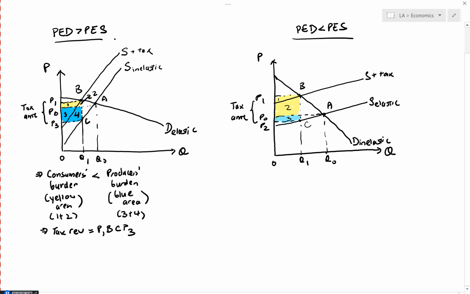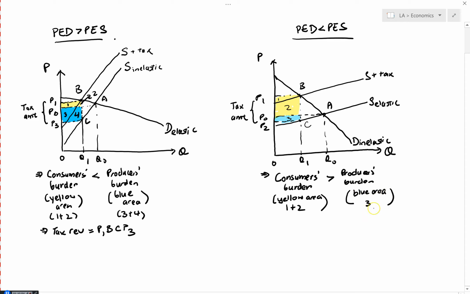Okay, so on the flip side here, consumer's burden now is bigger than producer's burden. Consumer's burden is the yellow area, or area 1 plus 2. Producer's burden is the blue area, or just area 3.